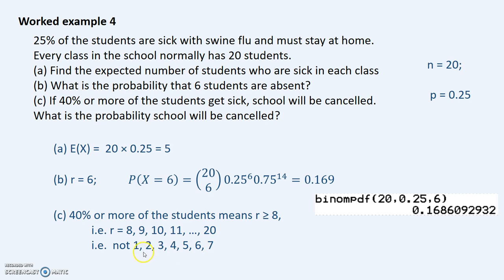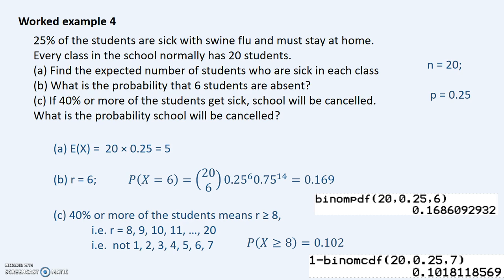Or you can do these 8 different calculations, including not 0, and add them together. I use binomial CDF, so the fact that I've got 0 here doesn't really matter. All right, so make sure you have a go with your calculator, see if you can work out how to do PDF and CDF on your calculator, and good luck solving these questions.